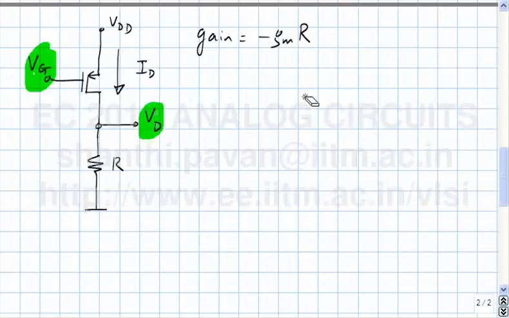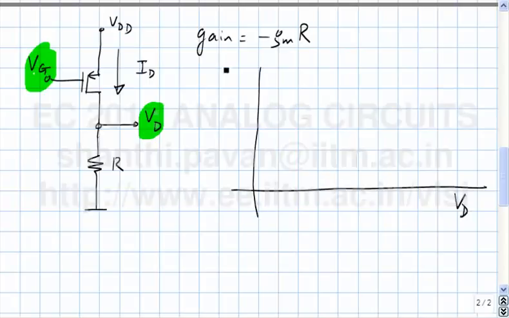So, as they always say, a picture is worth 1,000 words. So let's draw a picture and try to understand what's happening. If I plot V_D on the x-axis and I_D on the y-axis, how can I graphically determine the quiescent operating point V_D?